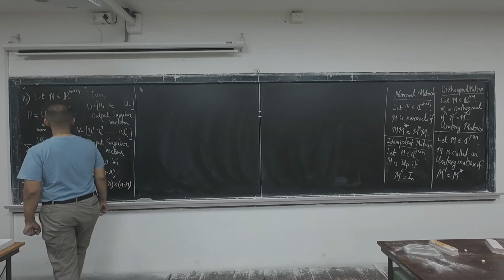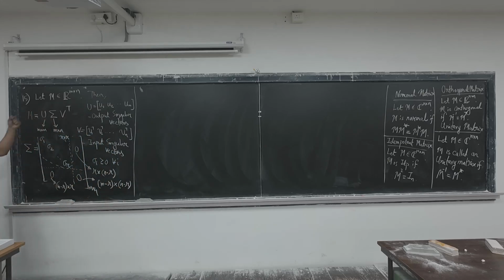Anyways, we were discussing singular value decomposition, right? But all of a sudden, why did I ask about orthogonal and unitary matrices? Because this U and V are not ordinary matrices. They have that property of orthogonality. If it is real, or if it is complex, then U and V will be unitary matrices.